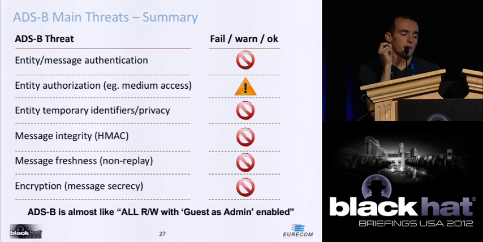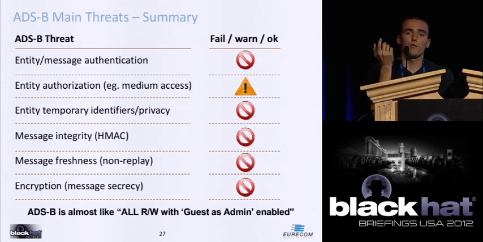Another thing is that there is no entity authorization, meaning that because there is no authentication, you cannot be sure whether the message is being transmitted by a true aircraft with address X. You cannot enforce or say that this aircraft should not transmit these messages.